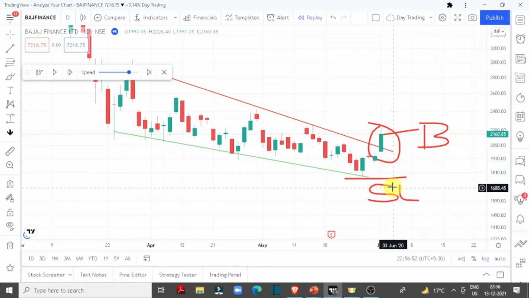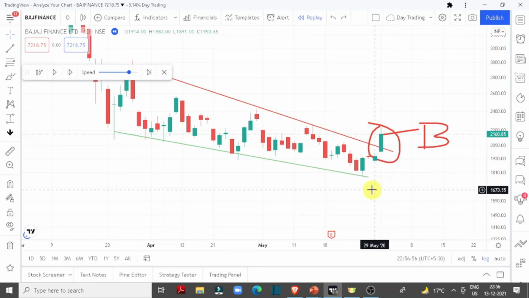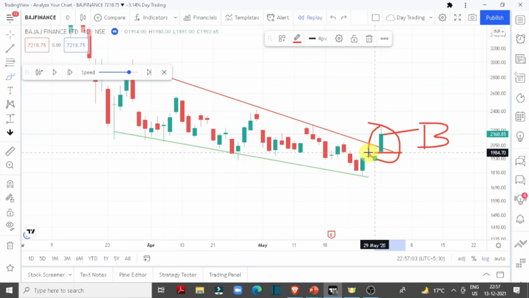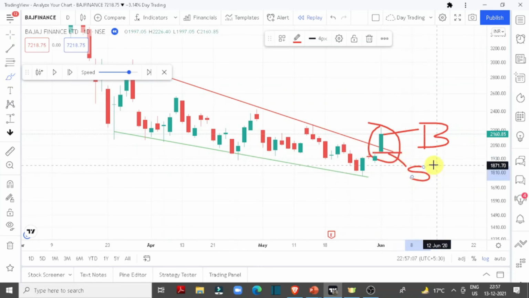There is another strategy which you can use for stop loss. We talked about one strategy of stop loss. In the other, you can place a stop loss below this candle. So this is one level where you can place your stop loss, right?